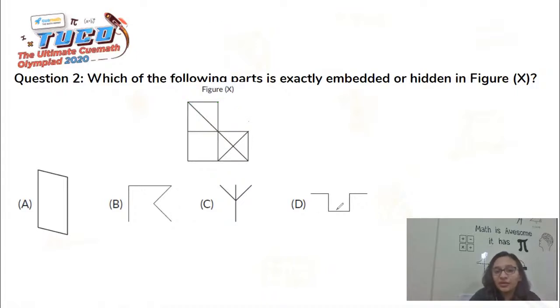And again, nowhere do we have two horizontal lines like this, in between which there is a shape like this, in the figure X. So the only option which we could trace out in the figure X was option B. So the correct answer to this question becomes option B. With this, we move on to our next question.